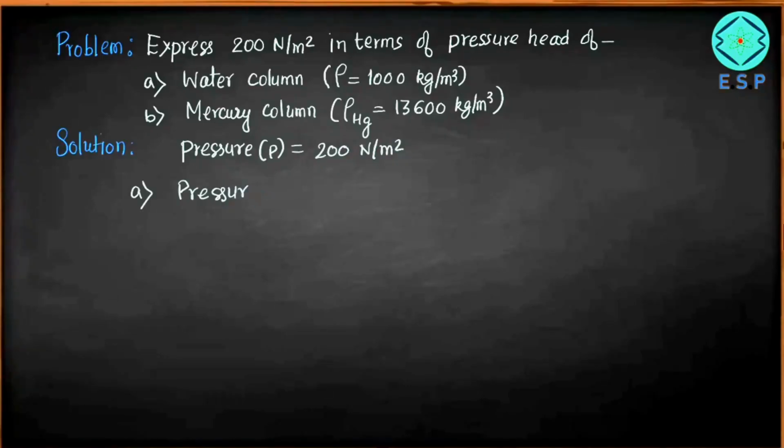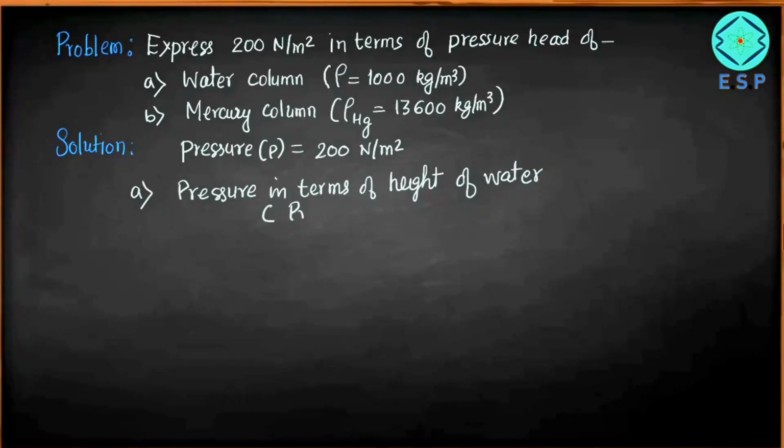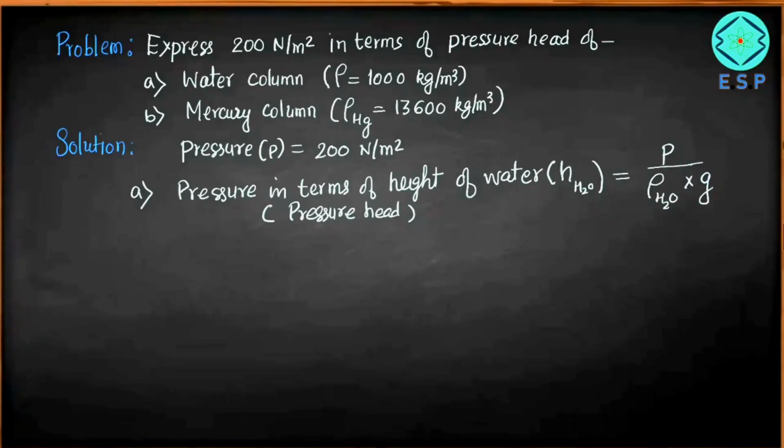First part, pressure in terms of height of water level, that is the pressure head, which I'm going to call H of H2O. H2O stands for water, and that is nothing but P divided by density of water into gravitational acceleration.